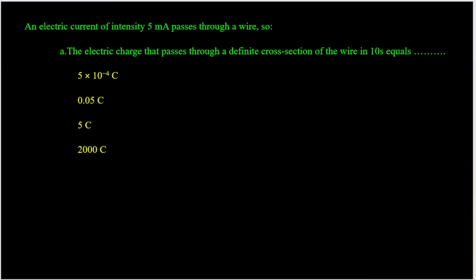Let's answer some questions. An electric current of intensity, this is the symbol of electric current intensity, is 5 milliampere. We need to convert it. To convert it from milliampere to ampere, you need to multiply by 10 power negative 3, because current intensity should be in ampere. So it will be 5 times 10 power negative 3 ampere. The electric charge, whose symbol is Q, that passes through a definite cross-section area of a conductor or wire in 10 seconds is equal to what?